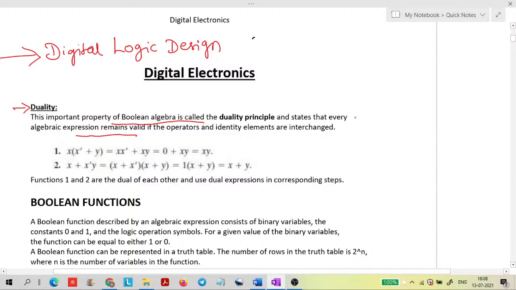So what is the duality property? So x into (x dash plus y) is equal to x into x dash plus x y. Here, as per the rules of Boolean algebra, x into x bar is 0, plus x into y, so that is xy.